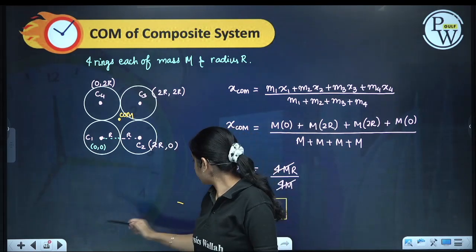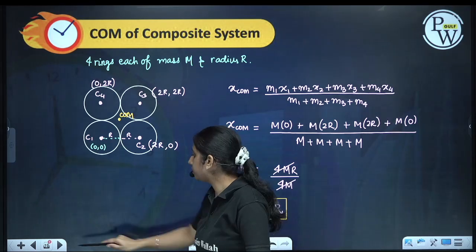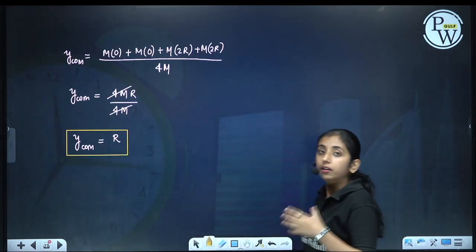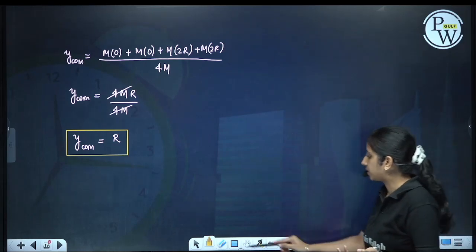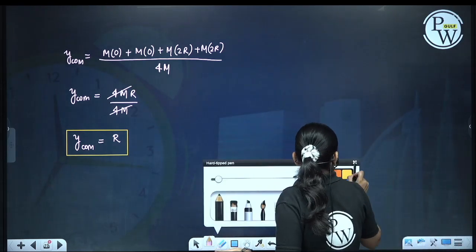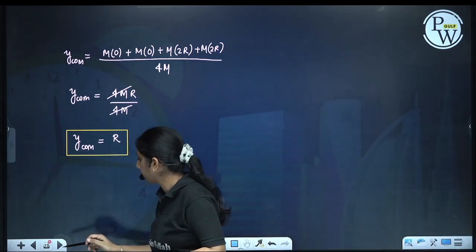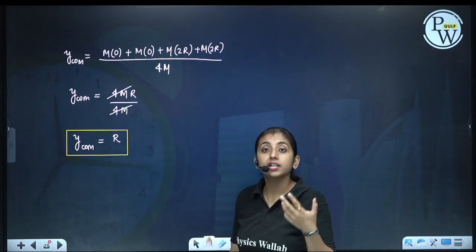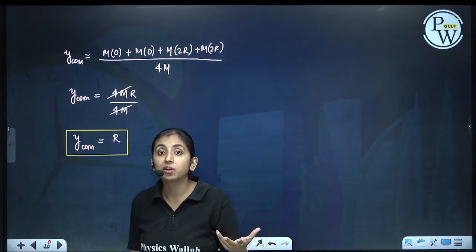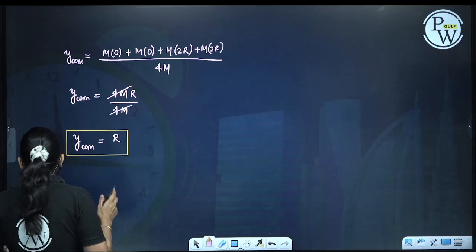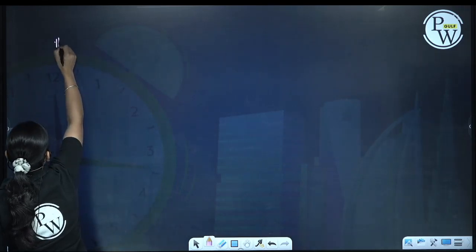This is how we calculate the center of mass for composite systems. Now let us see the center of mass for composite subtractive systems.